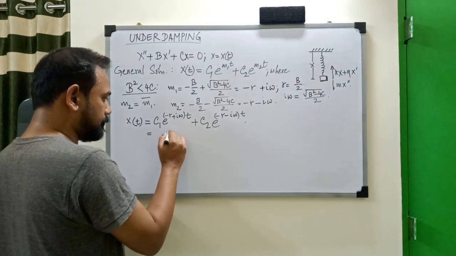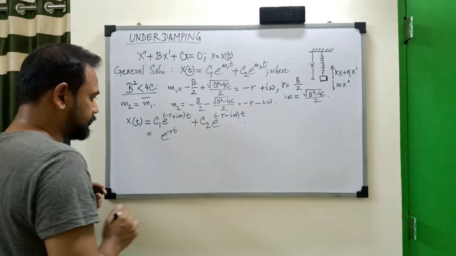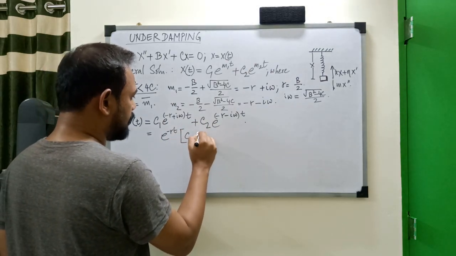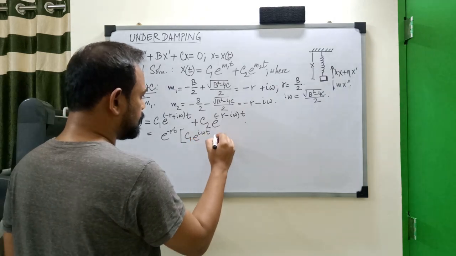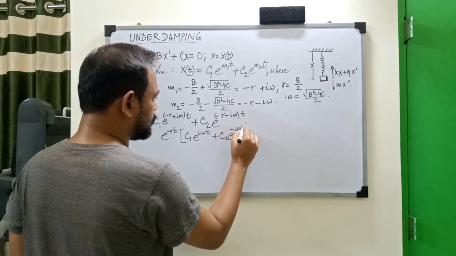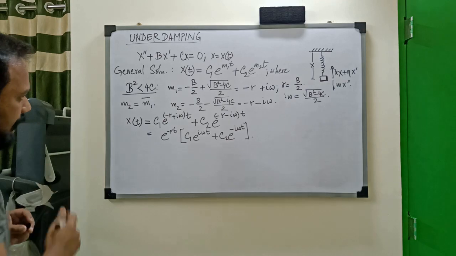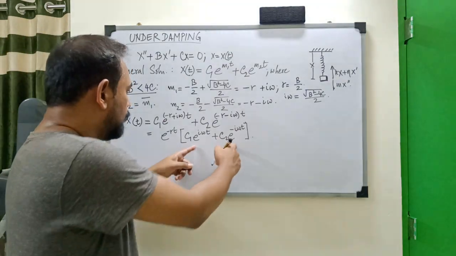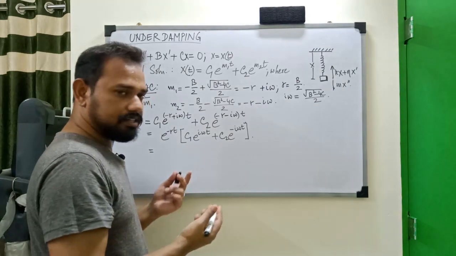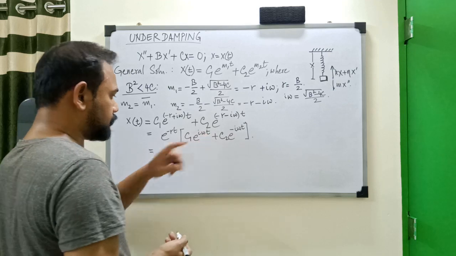I can take out e to the power minus r t common from both of these terms. So I'm left with C1 e to the power i omega t plus C2 e to the power minus i omega t. I can simplify this a little bit more using Euler's identity of exponential with a purely imaginary index.